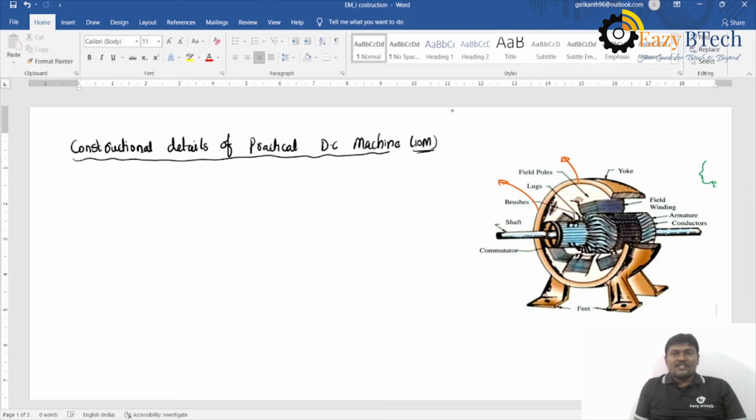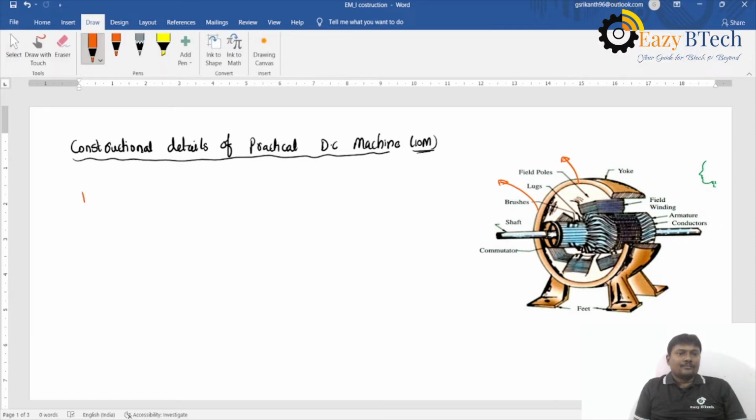So what are the major parts in a DC machine? The first part is yoke. The second part is pole core and pole shoe. The third part is field winding.